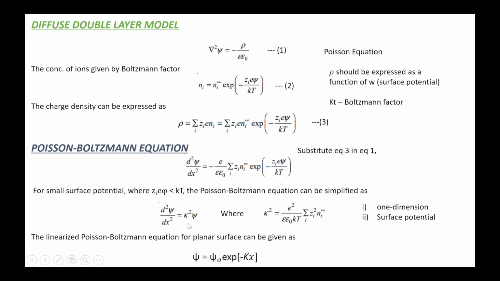The unit of kappa is meter inverse. Once you have the equation dou square psi by dou x square equals kappa square psi, you can do the mathematics and you will get this expression: psi equals psi naught exponential of minus kappa times x.